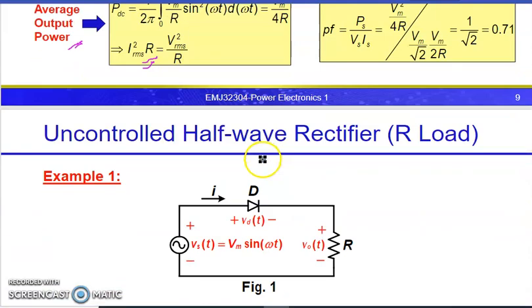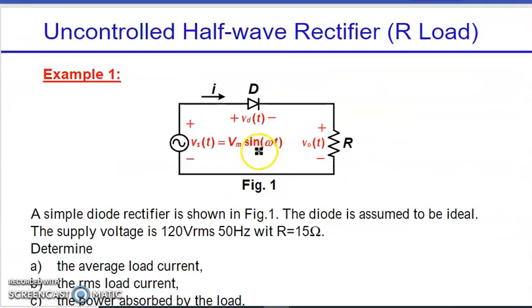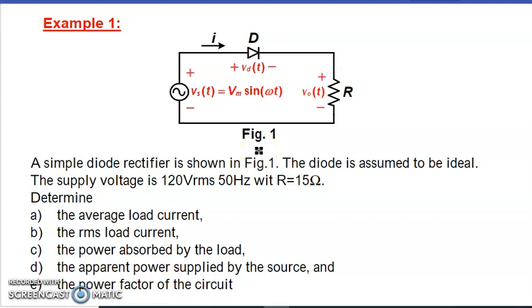Okay. So for example, we have here a V source sine wave delivered to the load. We have 120 volt RMS, 50 Hz, R of 15 ohm. Assume the diode to be ideal. So determine, means calculate, the average load current.